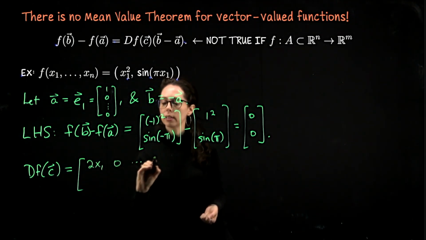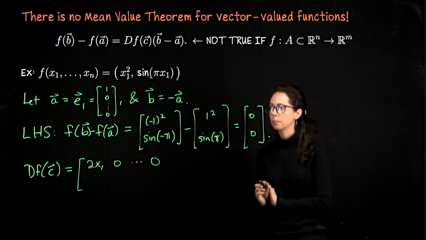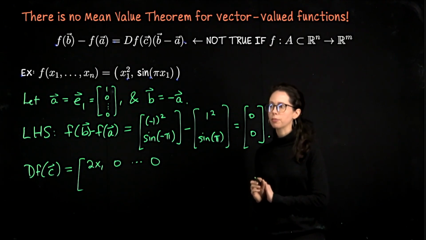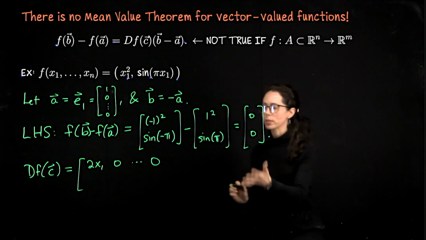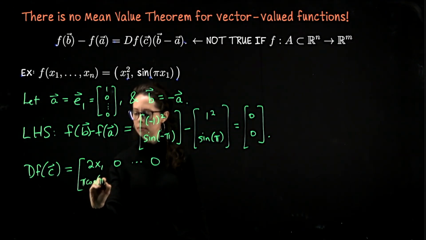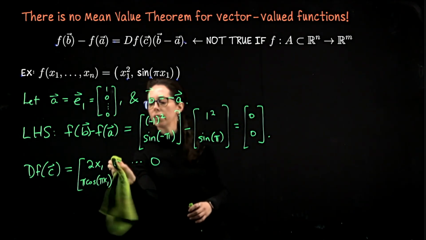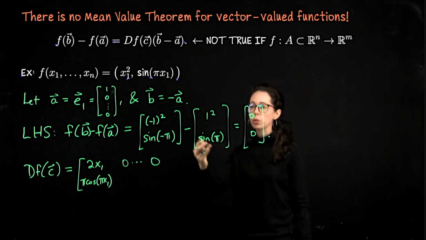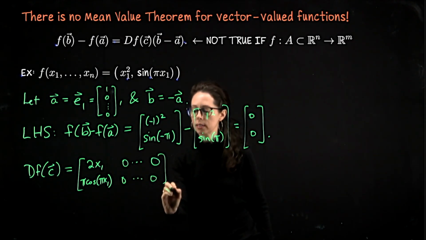So we have 2x1, 0, 0, because that first coordinate has no dependence on x2 through xn. Likewise, for the second coordinate, the derivative of cosine of pi x1: the pi will pop out, and that switches to negative sine. But similarly, that output has no dependence on x2 through xn, so we have zeros. This matrix is 2 by n.